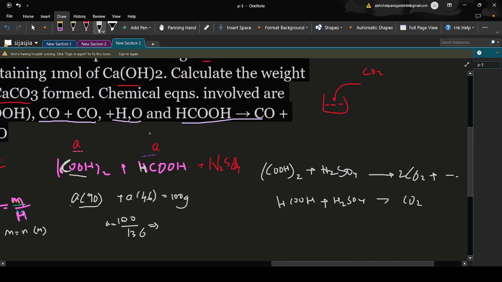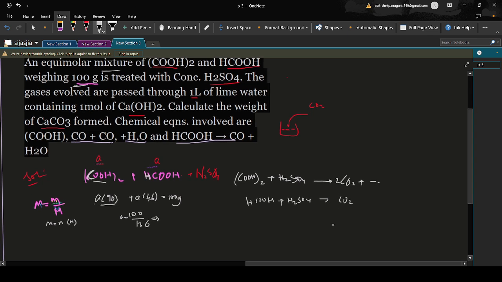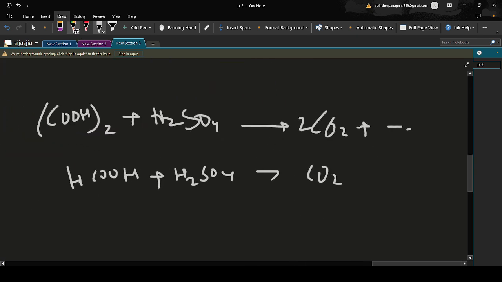This produces carbon monoxide. No way. The gases evolve, so this doesn't produce CO2. This produces CO, carbon monoxide, and carbon monoxide doesn't react with calcium carbonate. So we can eliminate this reaction.